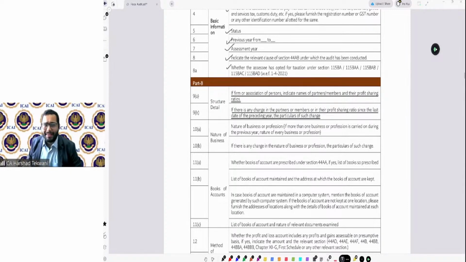What documents can I see over here? In case of registered firms like LLP, the documents filed with MCA.